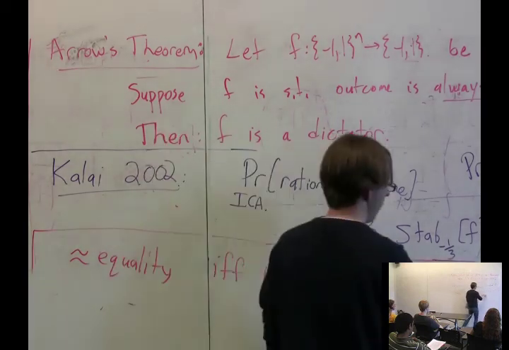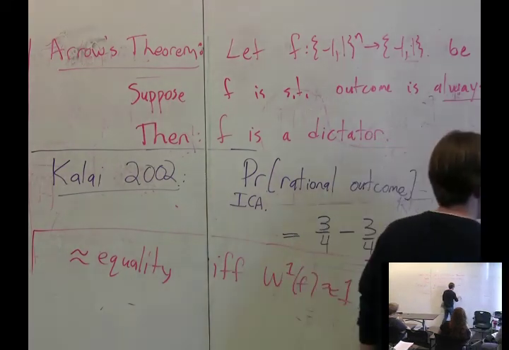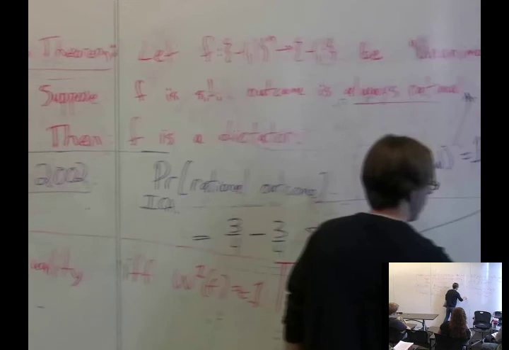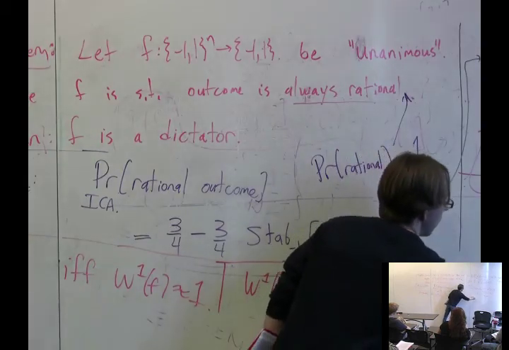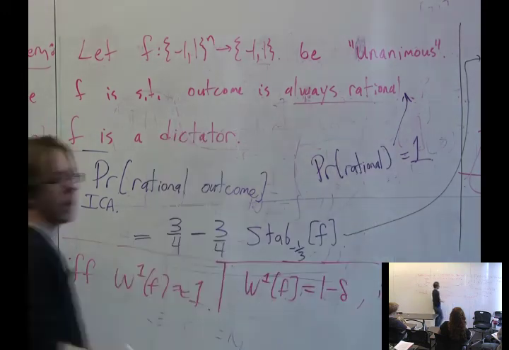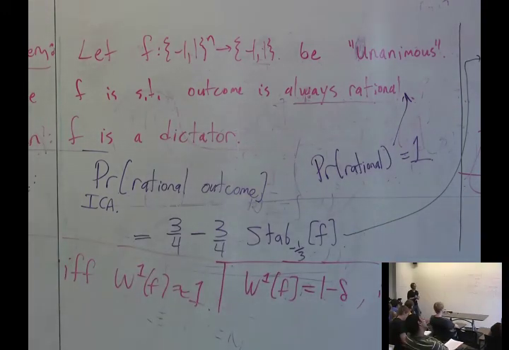You might ask, if the weight at level 1 is some 1 minus delta, is f close to being a dictator? We know if all the weight is at level 1, it has to be a dictator. Is there some function that's totally unlike a dictator that has like 99.9% of its weight at level 1? That's not an especially easy question to answer.